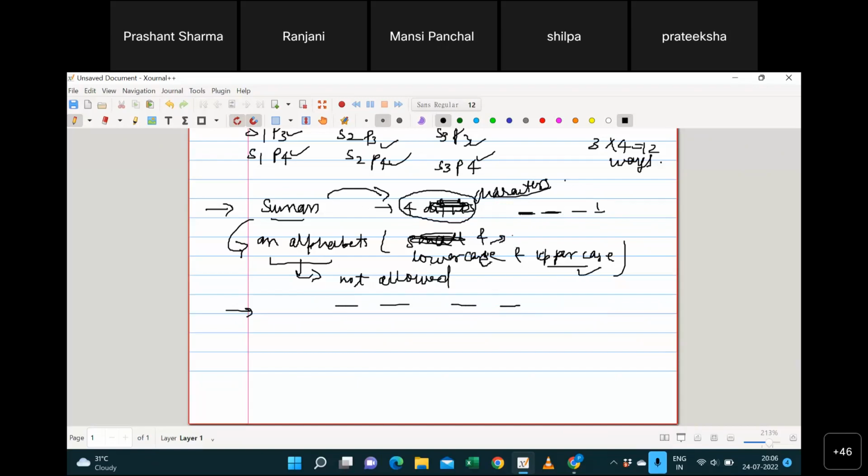For lowercase, you have 26 alphabets, and for uppercase, I also have 26 alphabets. That means in total I have 52 alphabets. So Suman can use any of the 52 alphabets for setting the password. Then for the first place, she can use any of the 52 alphabets, right?